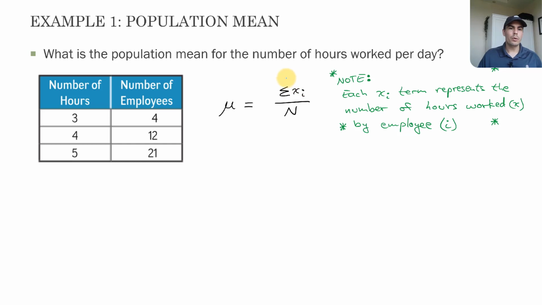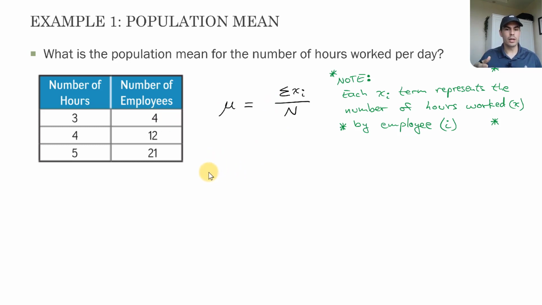Now, keep in mind that what we have in my numerator is going to be the sum of x sub i values. So each x sub i term is going to represent the number of hours worked, that's my x, by employee i. So i is kind of like my counter. So employees 1 through 4, since there are 4 employees in this 3 hours bracket, that would be like 3 plus 3 plus 3 plus 3.